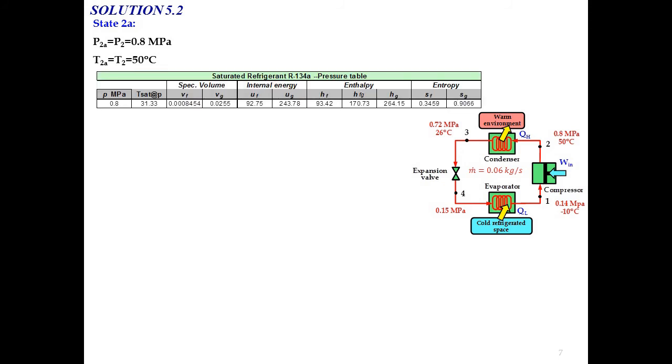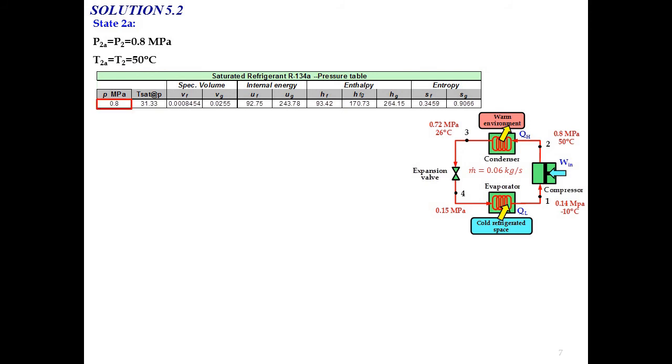But now, because for state 2S the phase is already superheated, the state for 2A is also in the superheated vapor region. Let's say you still want to check the phase for state number 2A, you can use the saturated refrigerant 134A table based on pressure.